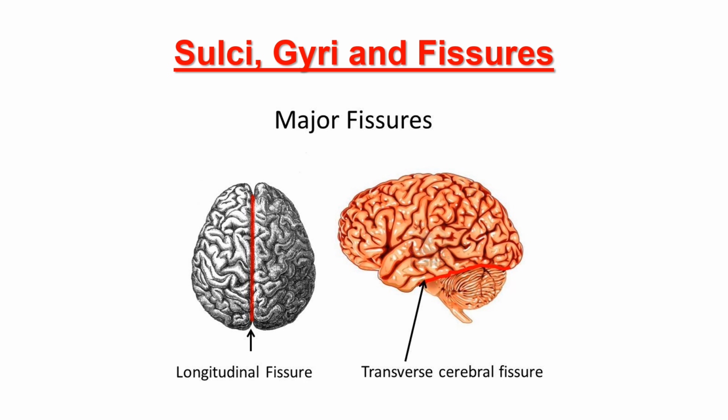Then you have sulci, which are shallower cracks. And so you see these sulci as plural, and gyri are the foldings and the things that you see of the cerebral cortex. So the big fissures, then we have the sulci, and the gyri are interspersed.